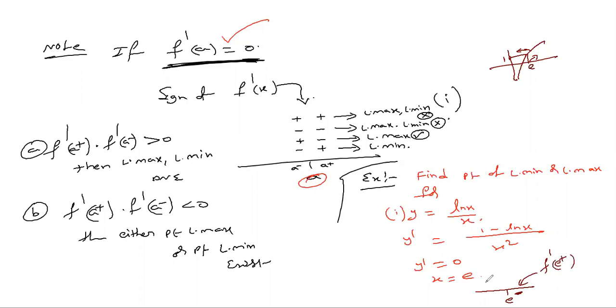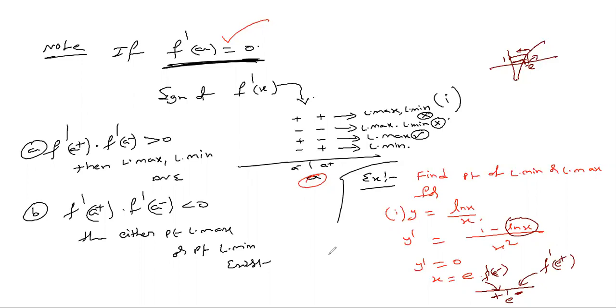What about f'(e-)? Here we have to find the sign. Whenever it is less than e, it gives less than 1. If you substitute here, 1 minus less than 1 will be positive, divided by x squared which is always positive. So here it is positive.